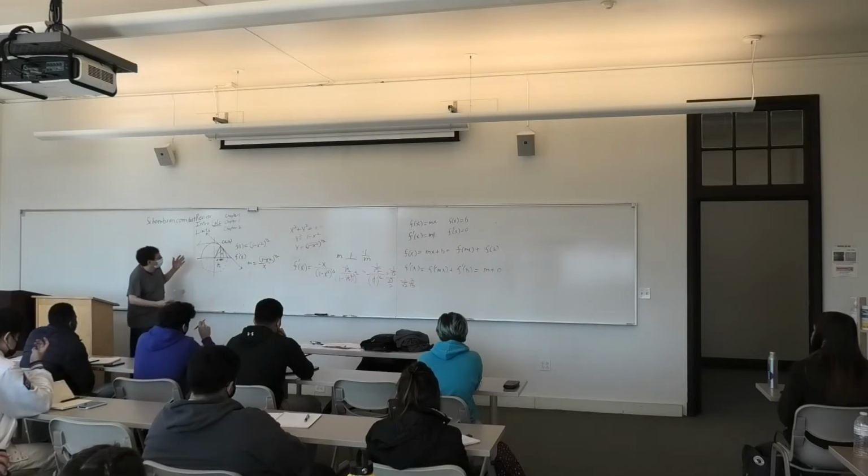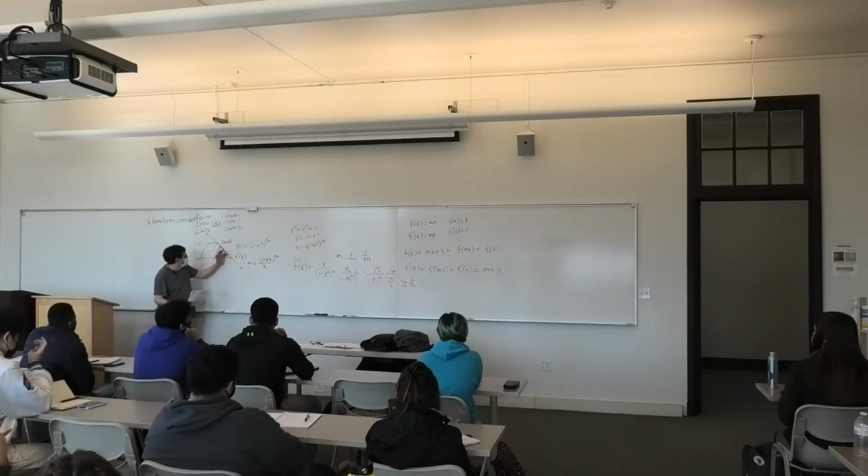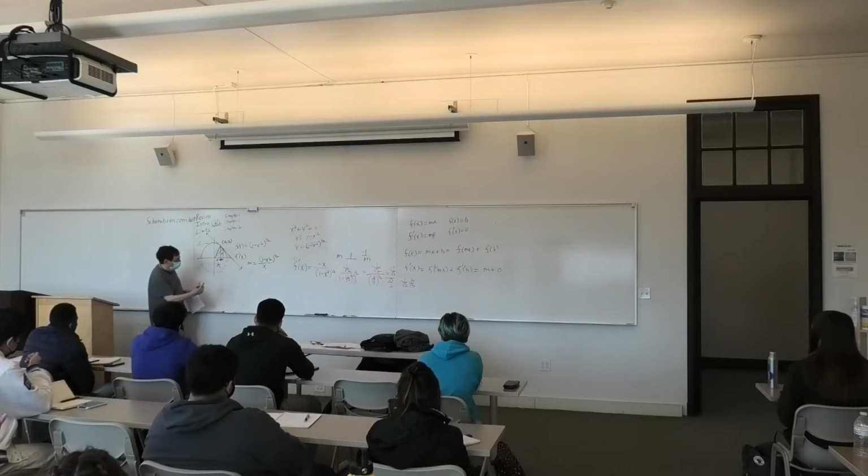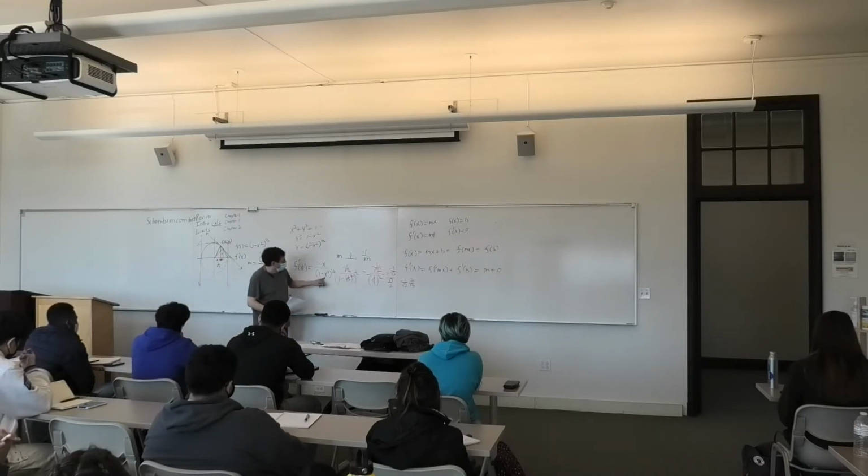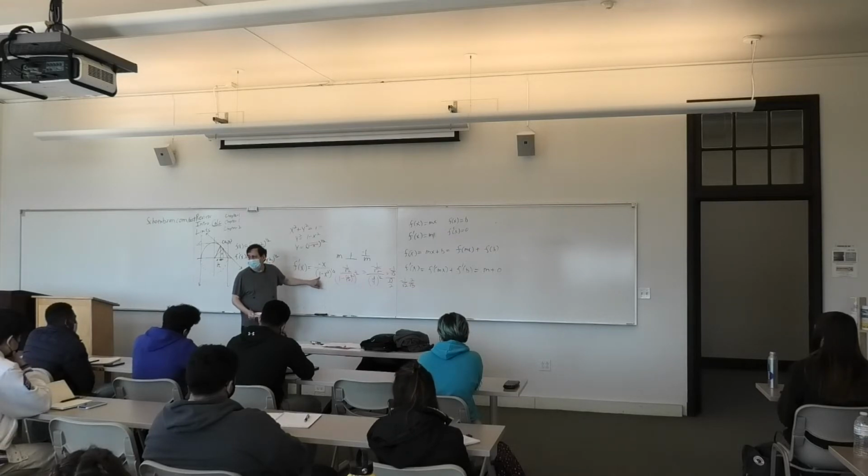Okay, one last kind of check. What happens is, as we get over to the edge here, we get to 1 or -1. Well, the slope is going to infinity, these are vertical. Well, of course, if you plug 1 in here, you're going to get 0 in the denominator. So that's what you'd expect, right?